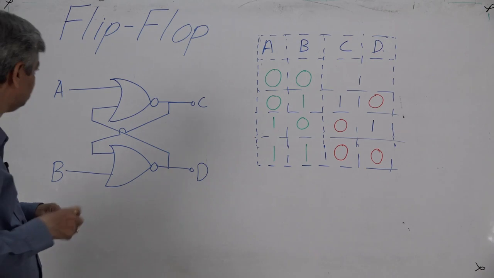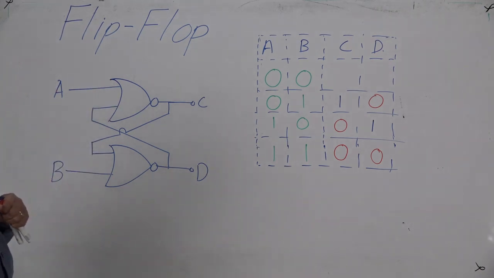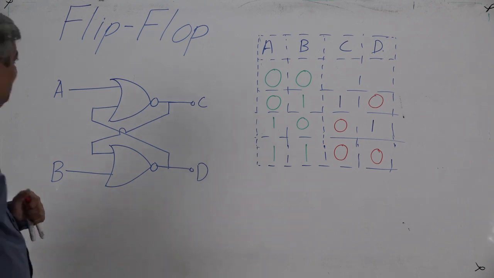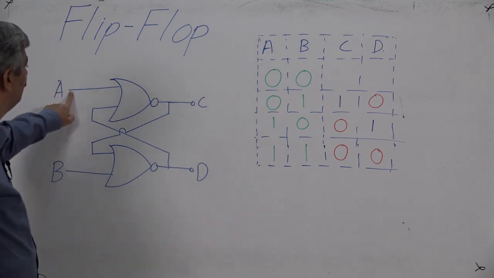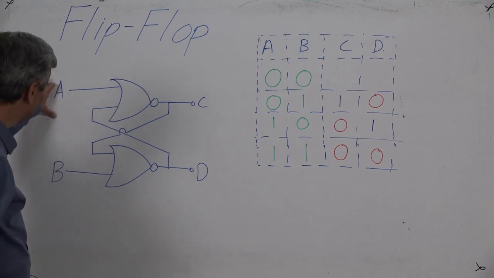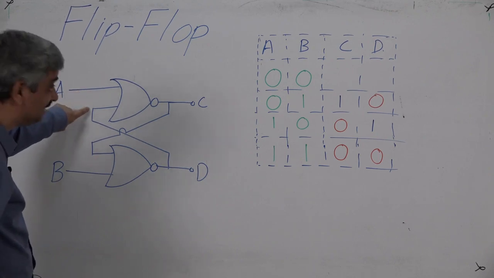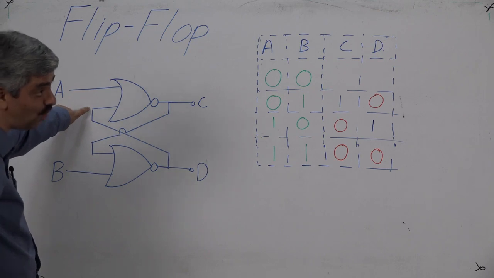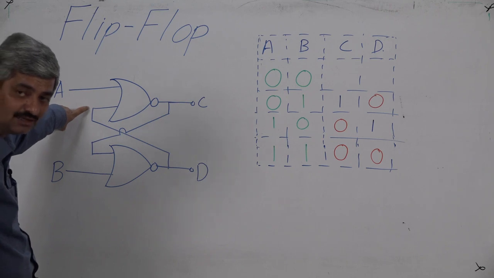Now the very interesting state, A0 and B0. So when A is 0, what is C? It is a NOR gate. So when A is 0, the output of an OR gate is the other input, and the output of a NOR gate is the complement of the other input.